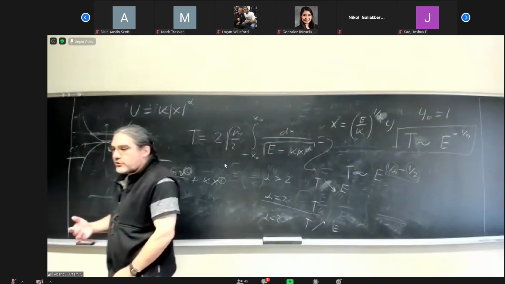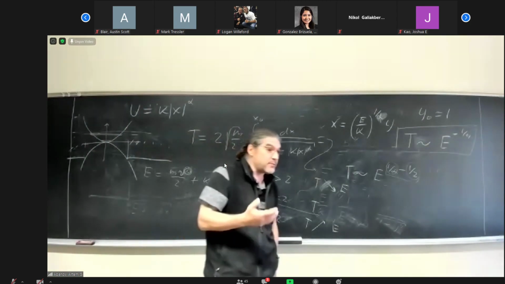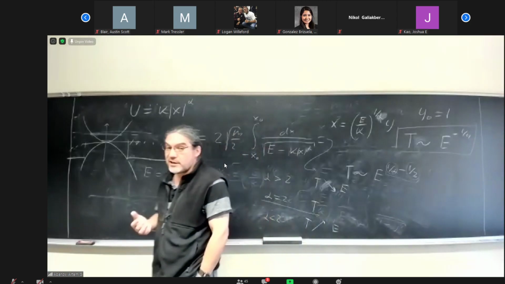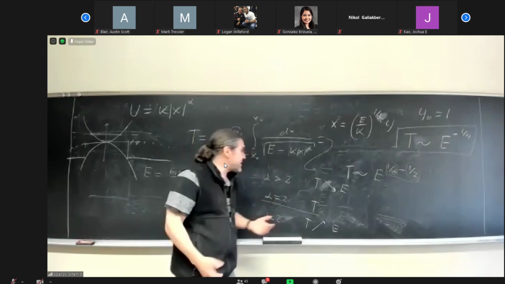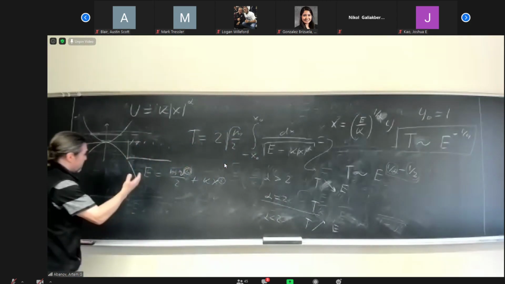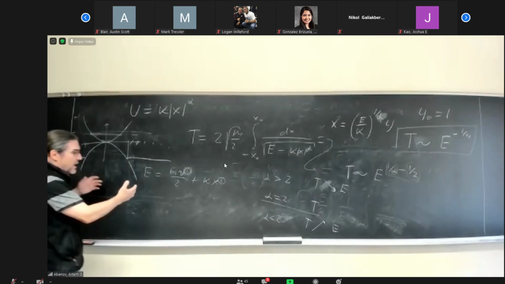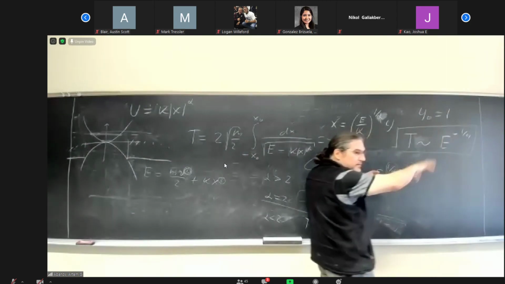But if you're trying to do something real, a real world problem, there are no infinite distances, right? What it means is that you only know the potential energy typically around some point, around 0. But very, very far away, there can be another potential well, right?